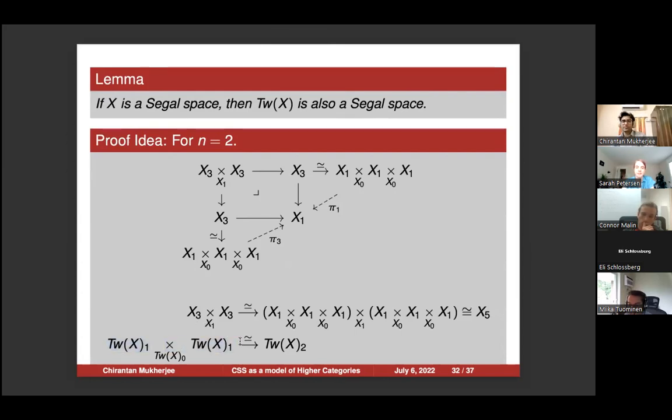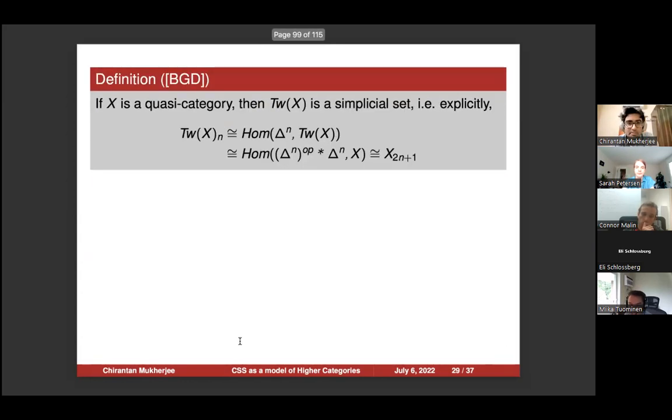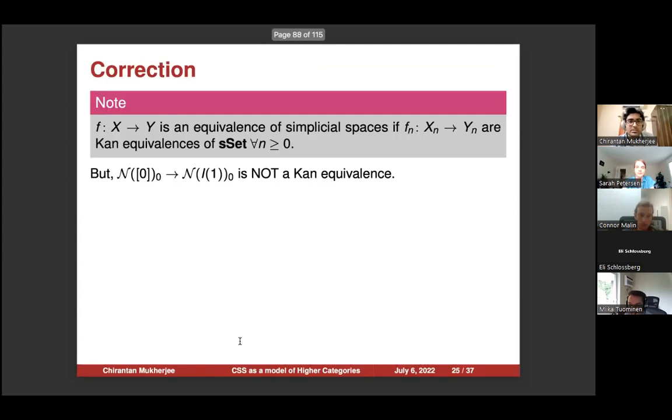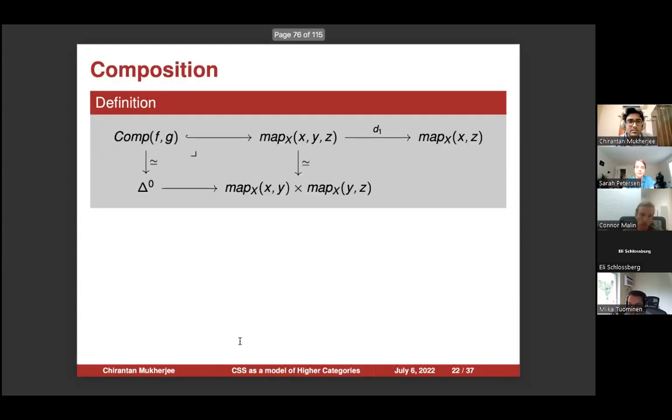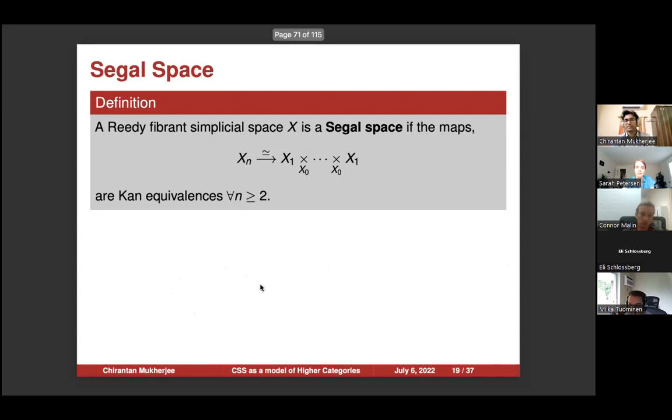So if you want to show that something is a Segal space, let's go back to the definition. If you have to show that X_n is a Segal space, or X2 is a Segal space, then X2 should be equivalent to the product of 2 copies of X1 joined along X0, right? So for the twisted arrow case, we should have twisted X2 equivalent to the product of 2 copies of twisted X1 joined along twisted X0.